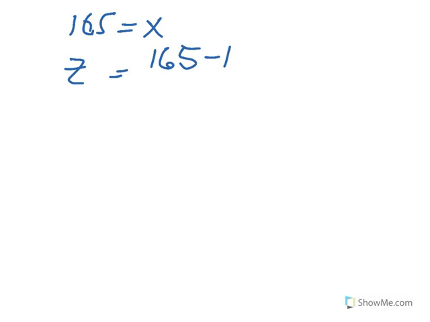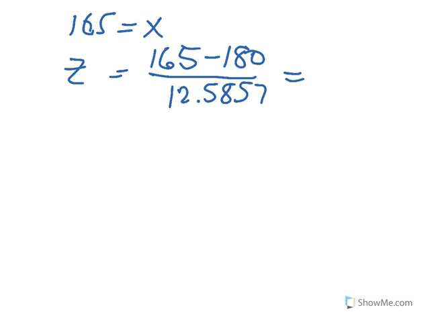So we want to start with 165. That's going to be our first x. We're going to calculate z for that, and that's going to be 165 minus 180 divided by 12.5857. And if you're wondering where I came up with those numbers, we would have gotten those out of part A. We get negative 1.19 by that calculation.